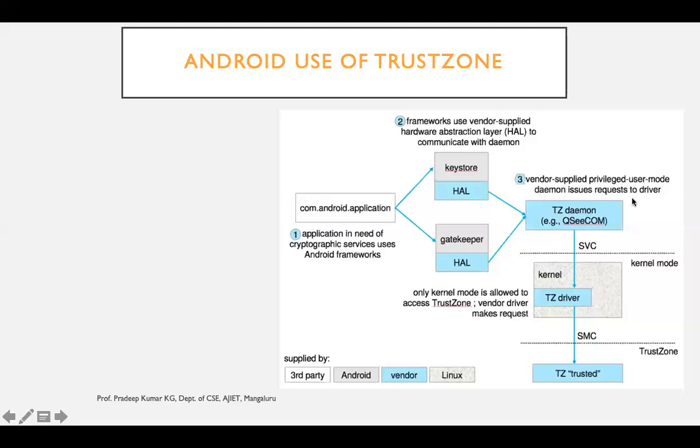Otherwise, it may request you to give access so that that particular application driver can be installed in the kernel. So once it gets the privileged user mode, then kernel mode is allowed to access TrustZone and the vendor driver makes a request to install. That is how it works.